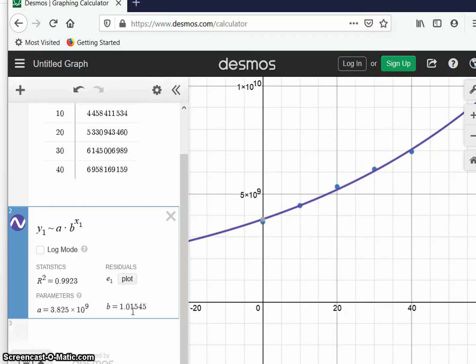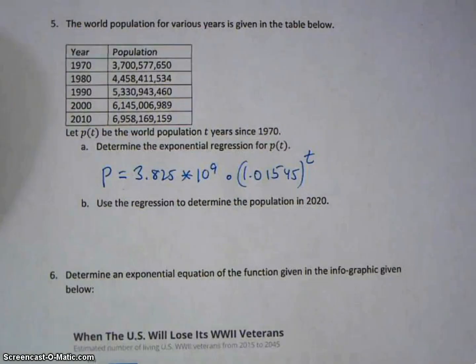All right, so I'm going to write that down on my paper so I can copy it here, then I'll switch the camera back. So we're going to have P equals 3.825 times 10 to the 9th times 1.01545 to the t. All right, let me switch back here. All right, there you go.